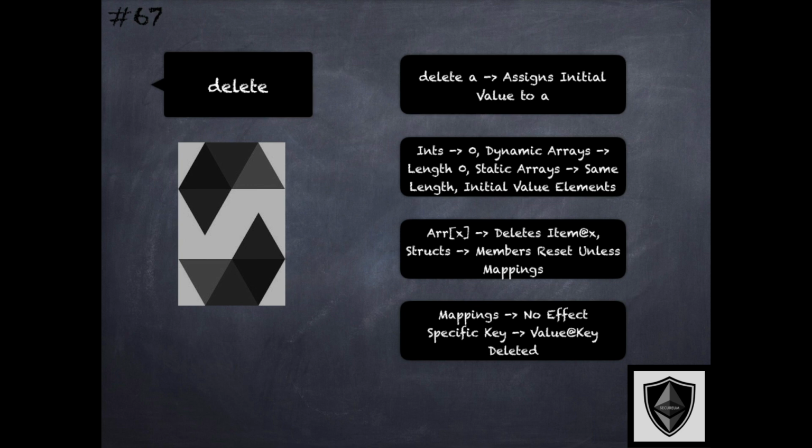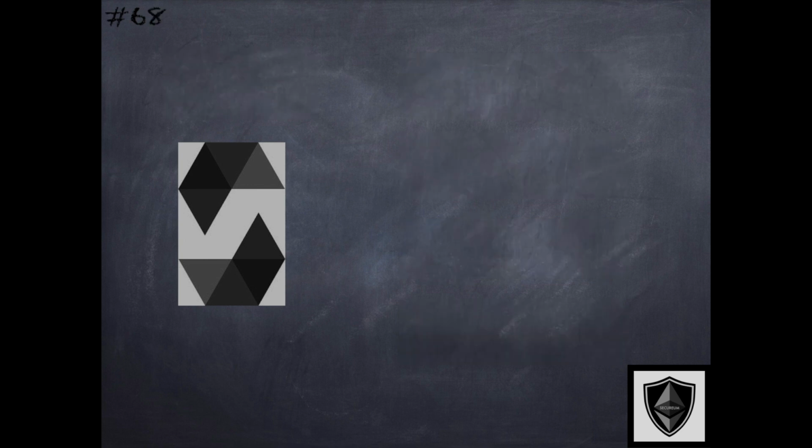So mappings are left untouched, but if we want to delete a particular key of that mapping, then that is possible. So this is again used in smart contract logic to a certain extent, and from a security perspective, the aspect of delete to be kept in mind is its impact on the initial values and its exception for mappings where it has no effect.